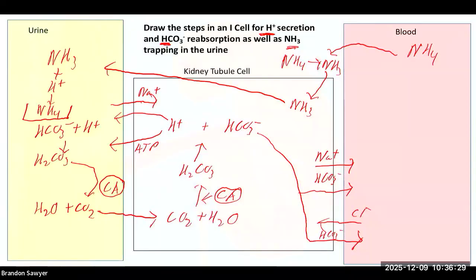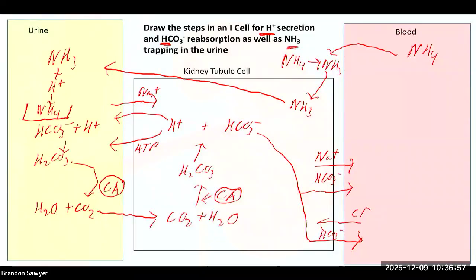Okay, all right, I'll just show you what I drew here. Probably very similar to what you drew, I'm sure. I didn't do any color coding, I'm sorry. But let's just start over here. So we have filtered bicarbonate and hydrogen, which combine and turn into carbonic acid. Through the help of carbonic anhydrase, we break that down into water and CO2.